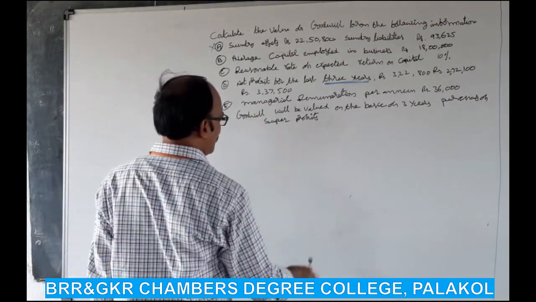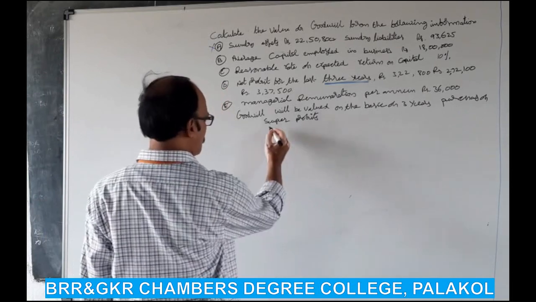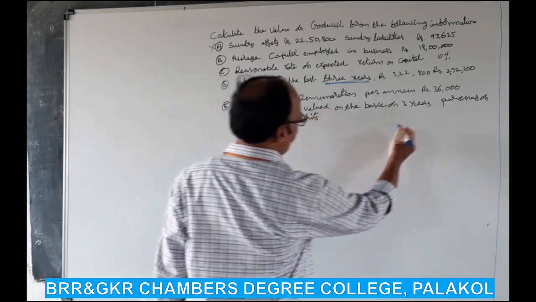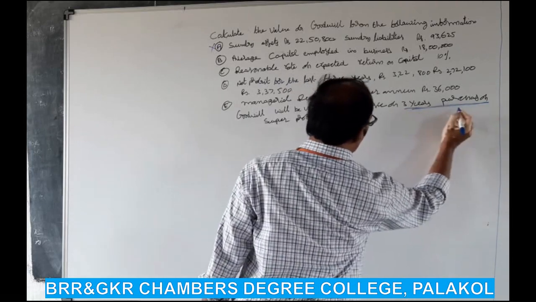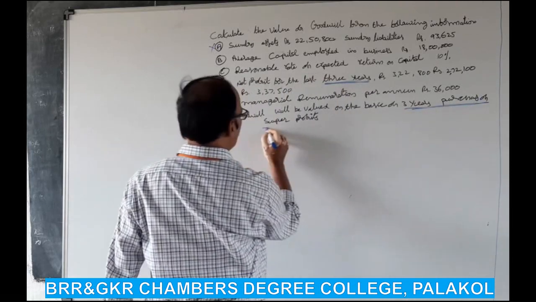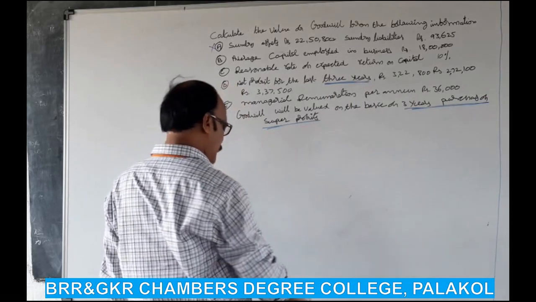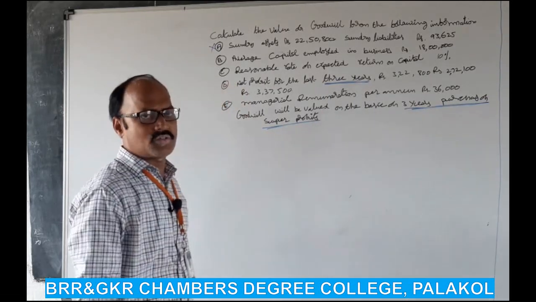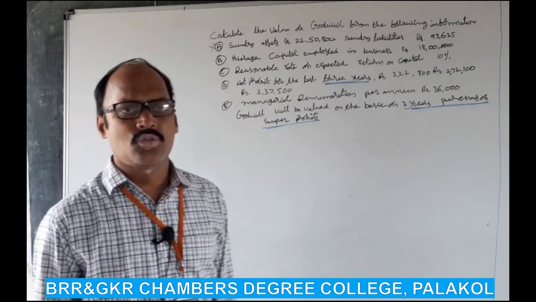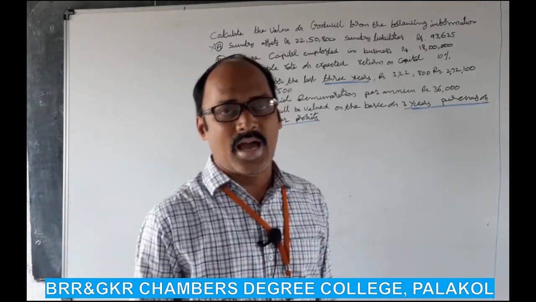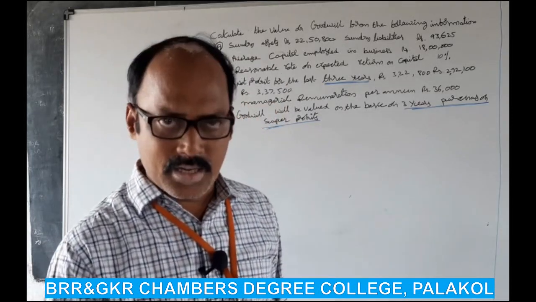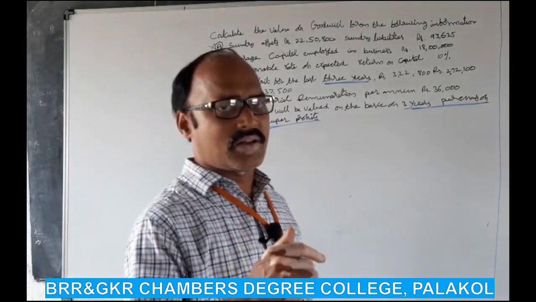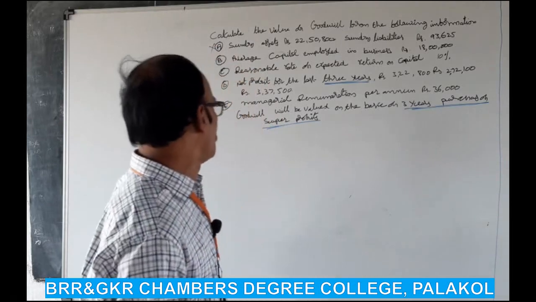For calculation of goodwill under the super profits method, goodwill will be treated on the basis of 3 years purchases of super profits. What is the principle?